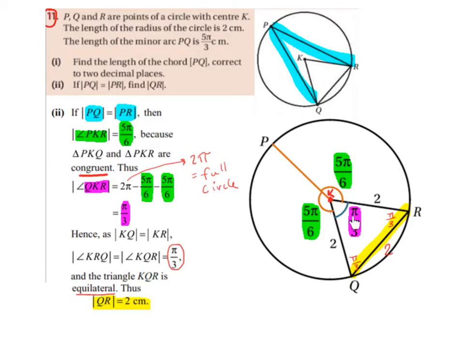Because pi over 3 plus pi over 3 plus pi over 3 is equal to pi, and pi is equal to 180 degrees, and the angles in a triangle must add up to 180 degrees. So it's actually an equilateral triangle, and this distance here must also be 2. So the triangle KQR is equilateral, which means it has 3 equal sides, 3 equal angles, thus QR is 2 centimeters.